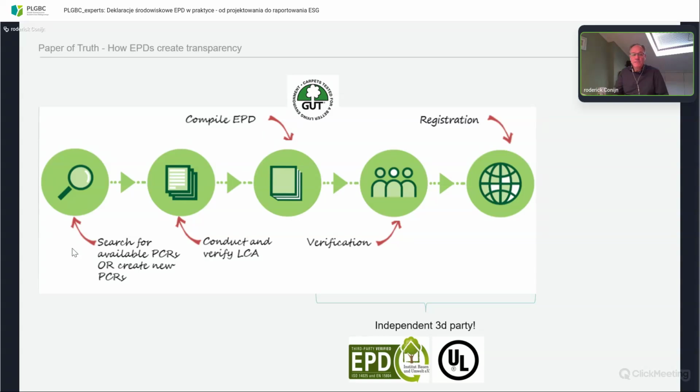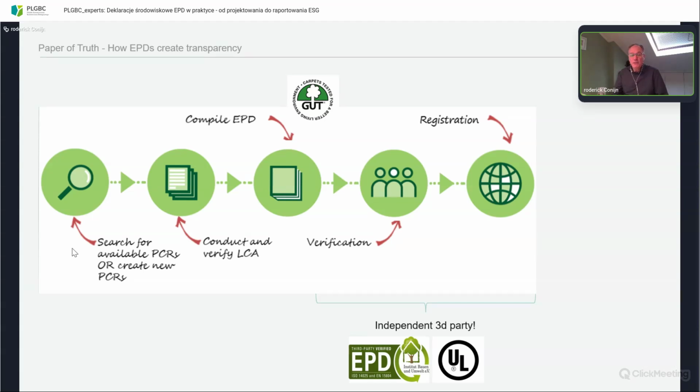They check the data, they send it to IBU or UL, and somebody from UL or IBU will check the data at GUT and at our company. And after they are convinced that the data are correct, they will publish the EPD.